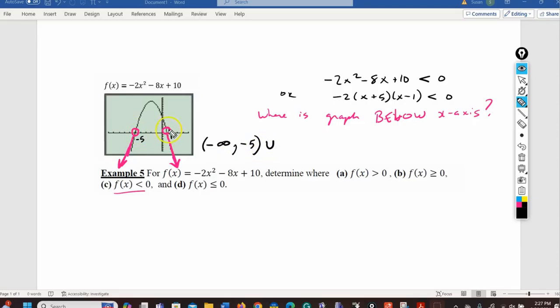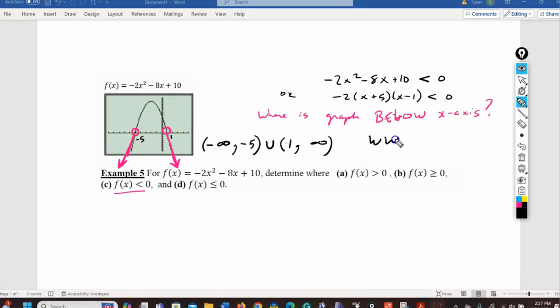And we pick it up again at 1, but 1 is not included. And then this portion of the graph will always be below, and it will keep getting wider, so moving lower and to the right forever. And so that's the answer. Where is the graph below the x-axis? That's how you describe what I've drawn there in red.